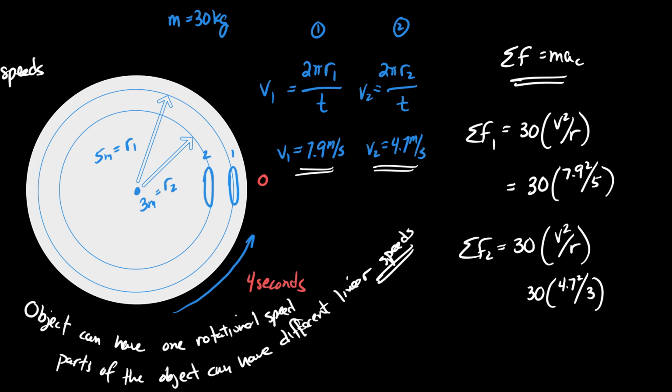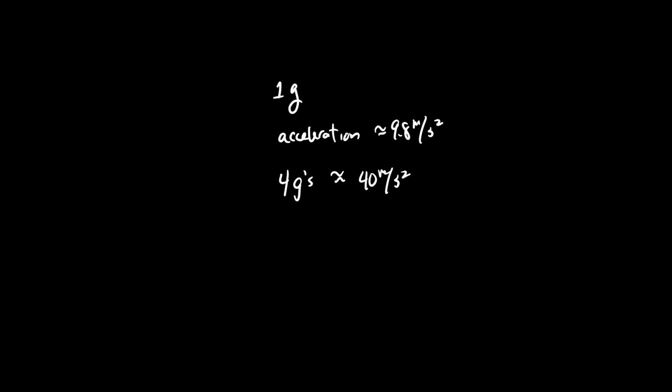So when you say G-forces, they're saying that 1 G is an acceleration approximately equal to 9.8 meters per second squared. So if you pull 4 Gs, it's almost 40 meters per second squared. The human body starts to feel uncomfortable around 7 Gs, but most of you probably get excited around 4 Gs.